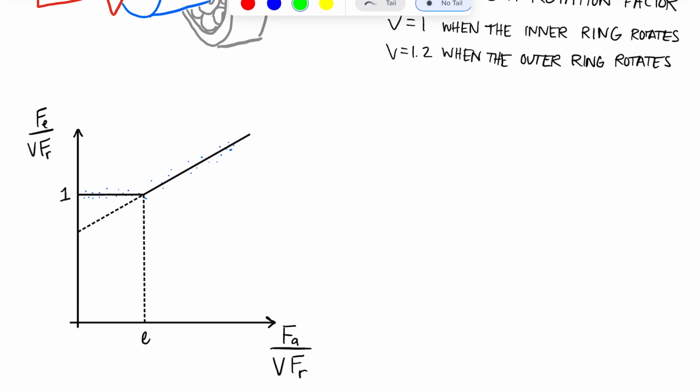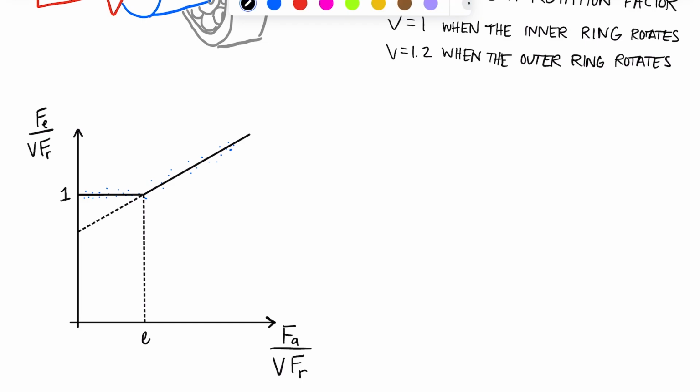But if our axial thrust load is big enough, then it does start to have some effect. And so what's going to be crucial in doing these calculations is first figuring out whether we are above or below this point that has been defined as lowercase e. And I don't know if this e has any particular name, but it is our cutoff point is what we'll refer to it as.